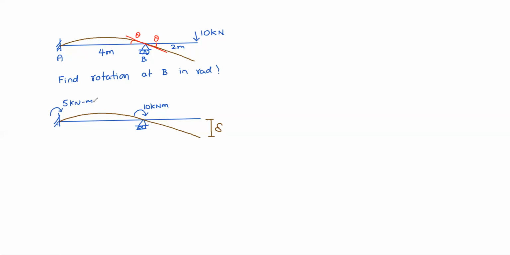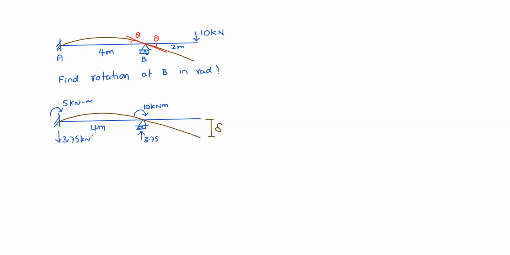If you apply a 10 kilonewton meter couple here, then 5 kilonewton meter goes here, and because of this 4 meters, an anti-clockwise couple will develop. 15 by 4, that is 3.75 kilonewtons. Reactions will be like this.